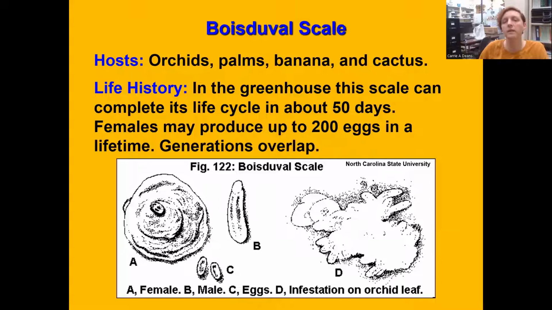So not quite as broad of a host range. In a greenhouse system, this particular species takes about 50 days to complete its life cycle, and females can produce up to 200 eggs in a lifetime. So populations can grow quite quickly.